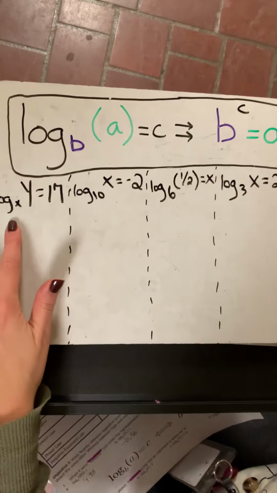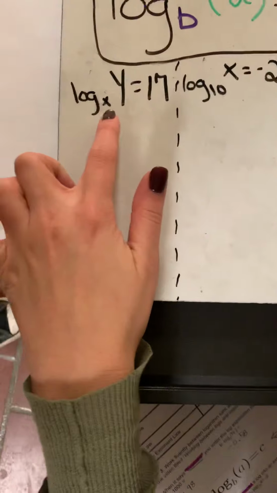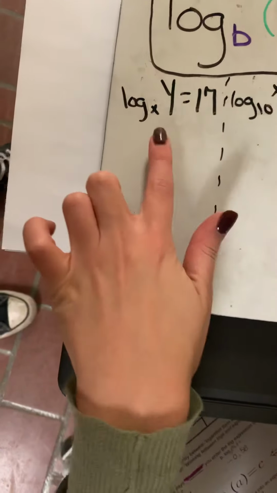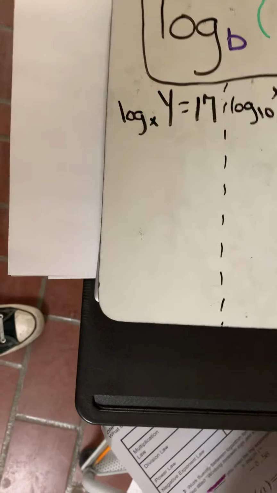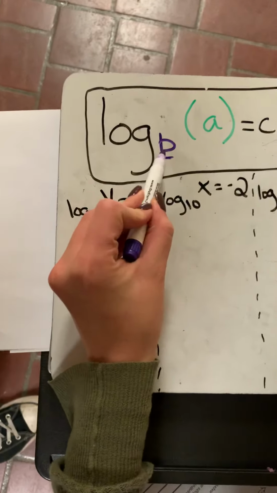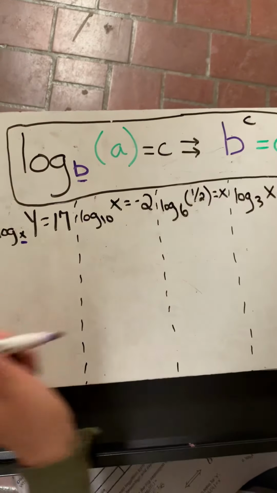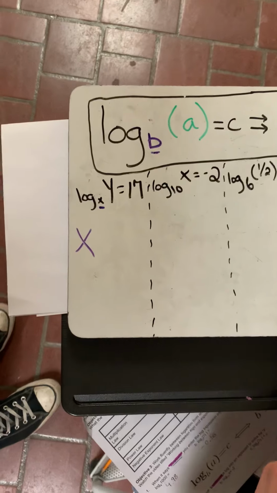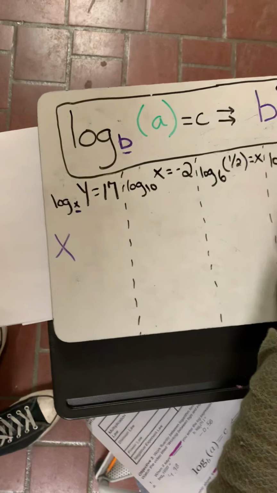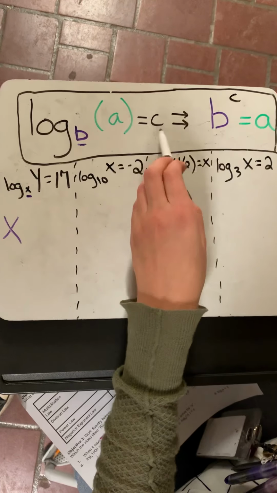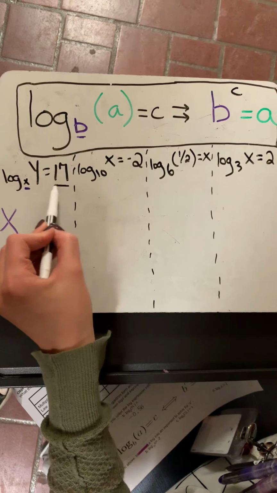So this first one here says log x y equals 17, and it's gonna ask you to convert this to an exponent. So I see that the x is in my B spot, and that's gonna become my big B. So let's write x first. Then I see that what B is being raised up in the exponent to is C. And C is found on the other side of my equal sign, which is 17.